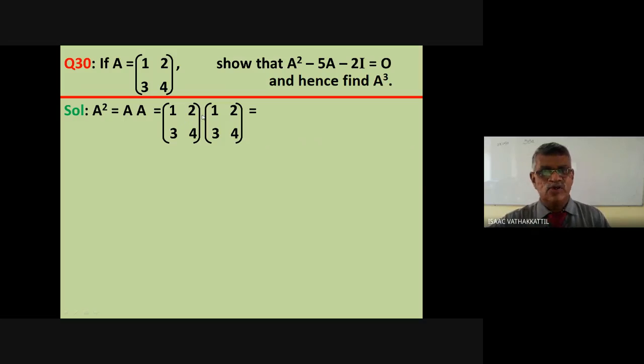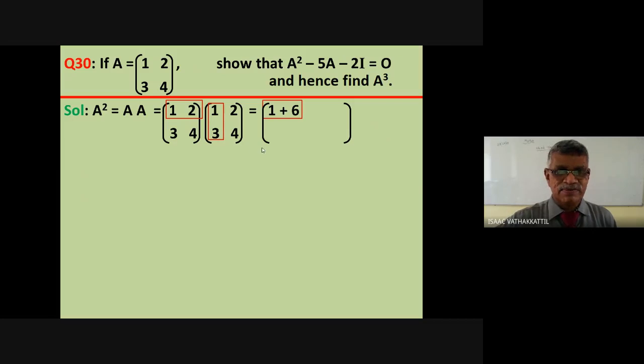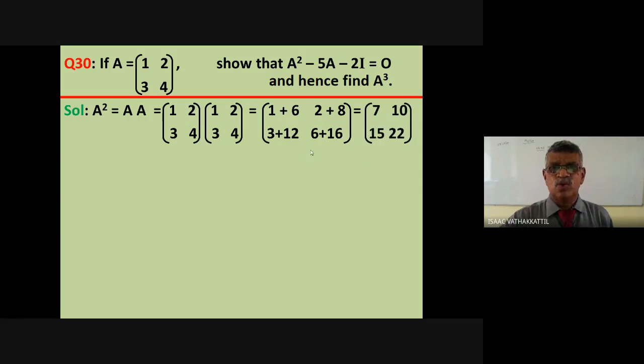Matrix A into A is multiplied. Row column, first row, first column, 1 plus 6, that is 7. First row, second column, 2 plus 8. Second row, first column, 3 plus 12. Second row, second column, 6 plus 16. This intermediate step we can avoid. I can write equal to 7, 10, 15 and 22.